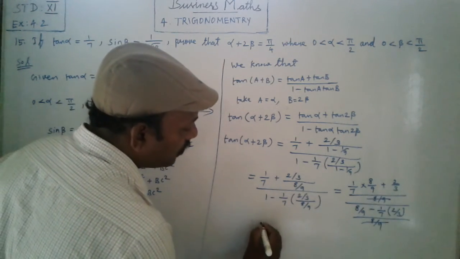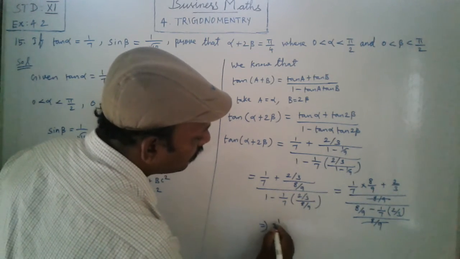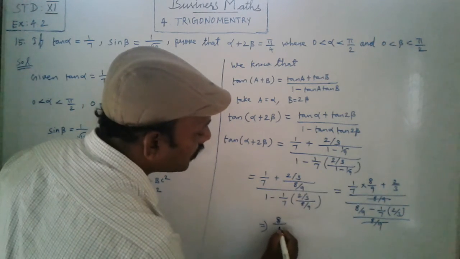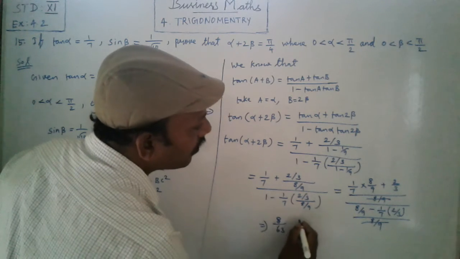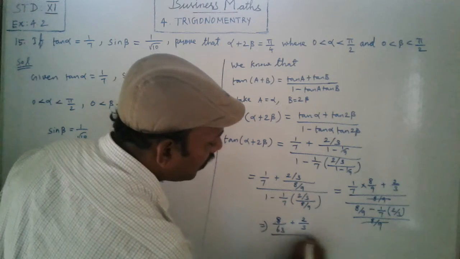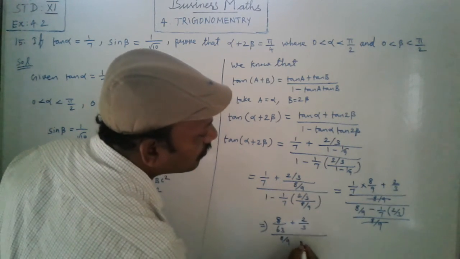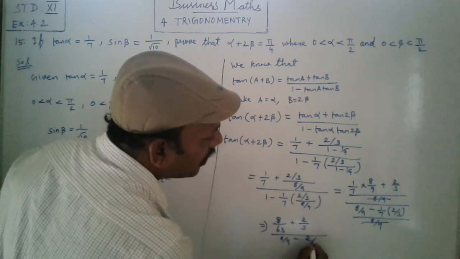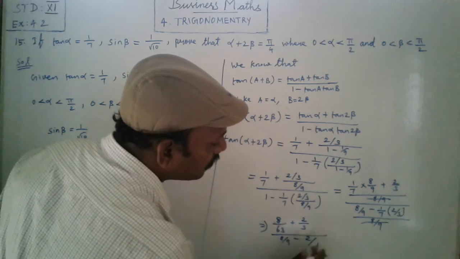So that is equal to 1 by 7, 1 into 8 is 8, divided by 7 9s are 63, plus 2 divided by 3, divided by 8 by 9 minus 1 2s are 2 divided by 7 3s are 21.